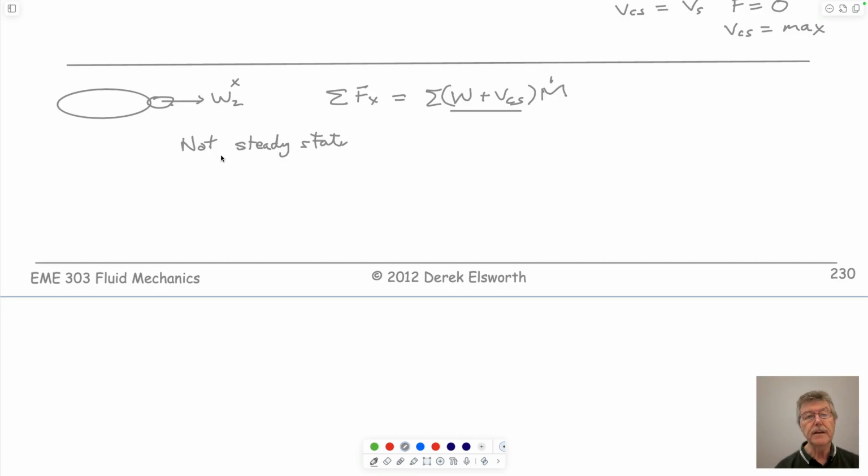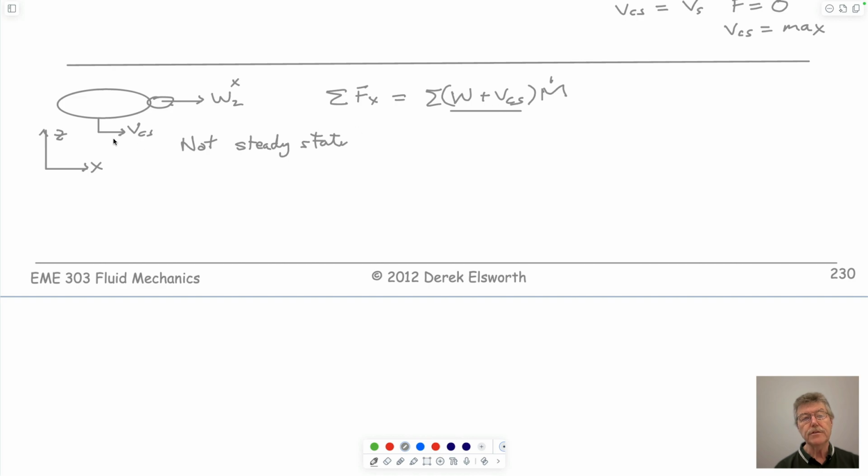And so the reason for this is that now if we look at the maximum force, and again we define this in terms of our coordinate system, x and y, z perhaps. This is the velocity of the control surface.